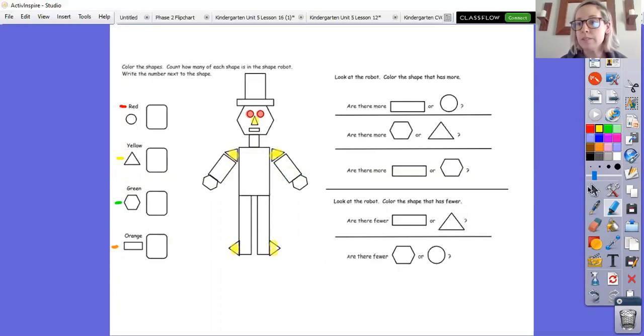It says the color green. Does anyone know what shape that is? Let's count how many sides. Maybe we'll figure it out. 1, 2, 3, 4, 5, 6. 6. I know, it's a hexagon. All right, let's see.